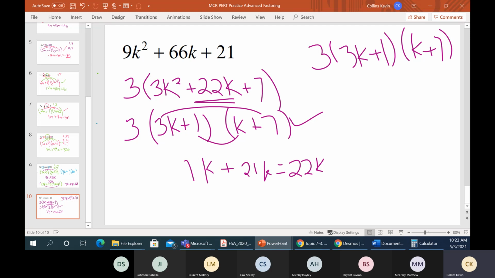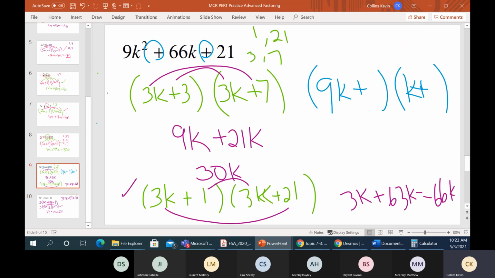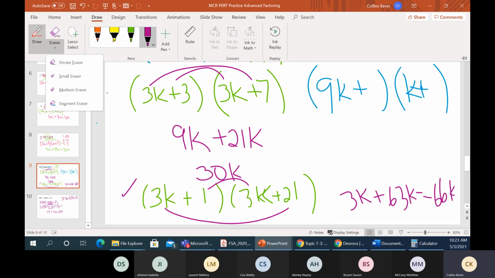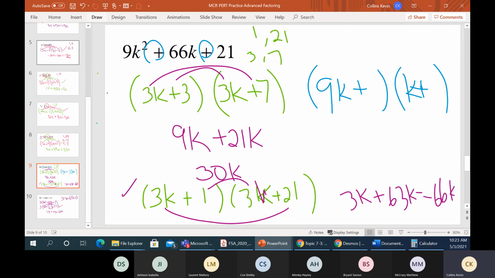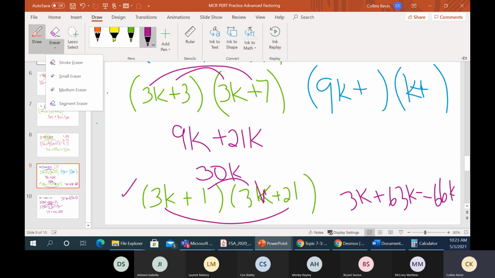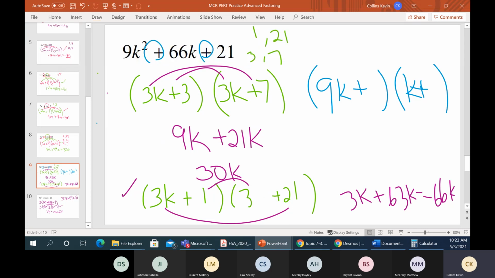Are they the same? Well, let's pop back to the last version of this and check it out. So here's what we got for an answer, right? Let me clean this up a little bit because it's ugly. Here we go. So we had 3k plus 21, and we had 3k plus 1.